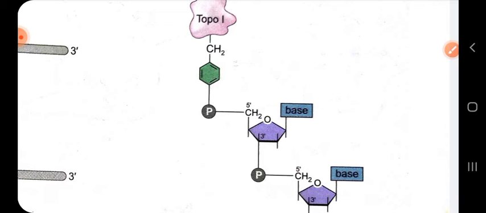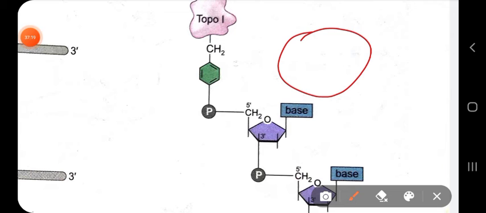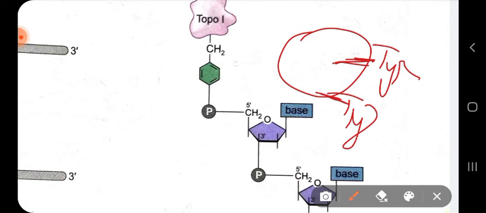Now in case of type 2 topoisomerase, they are dimers. That means they have two active sites. Sorry, not two active sites. They have two tyrosine residues in their active site, and they do the same process.